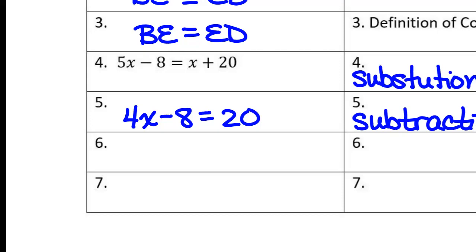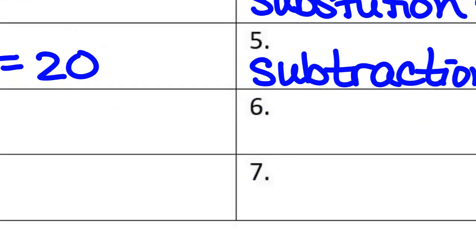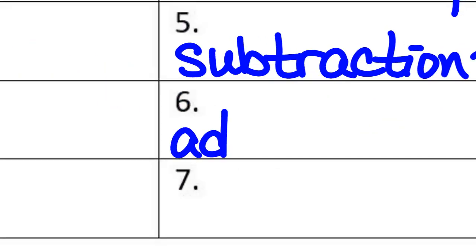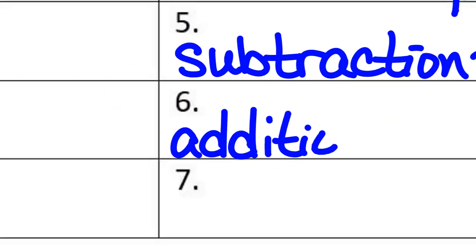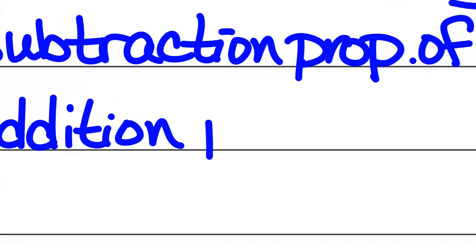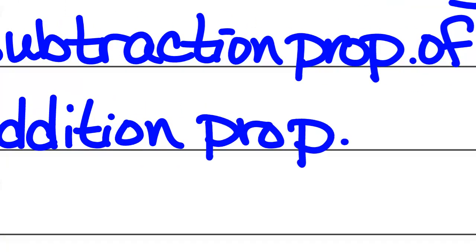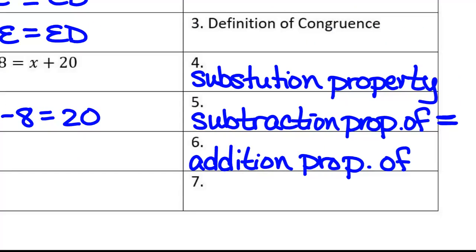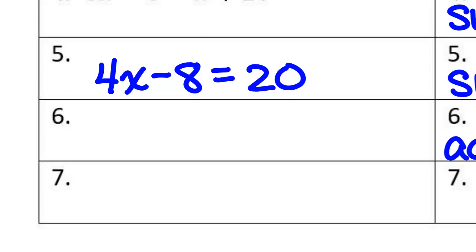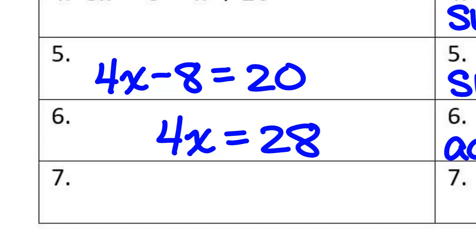All right, what would I do after this? Add 8 to both sides. So what property are we using? Addition property of equality. What would my equation look like after I add 8 to both sides? 4x equals 28.